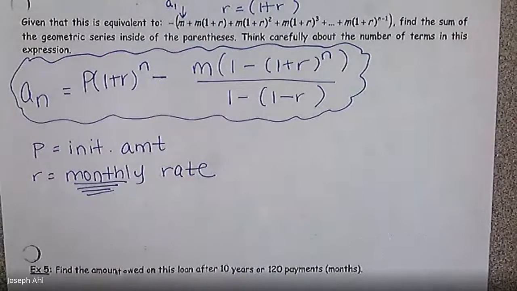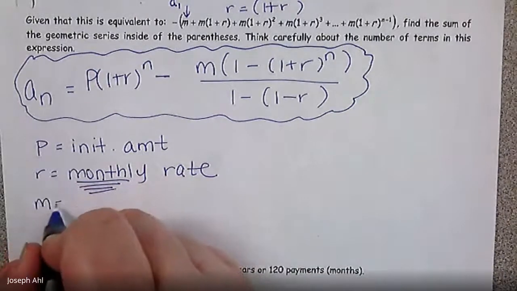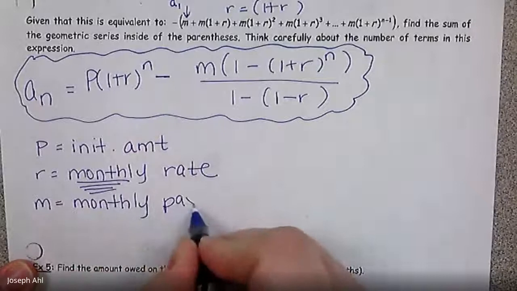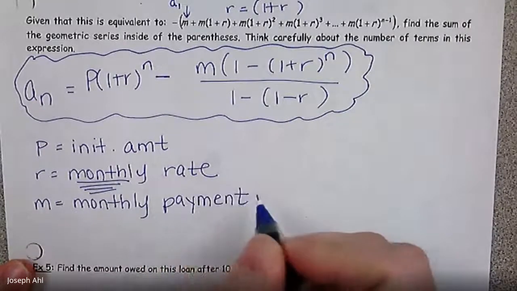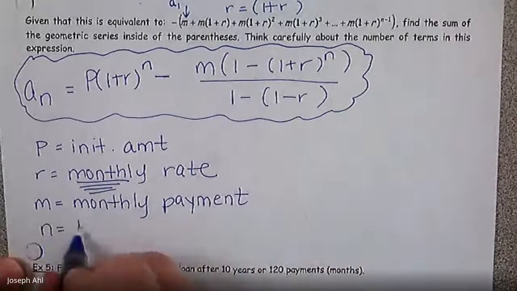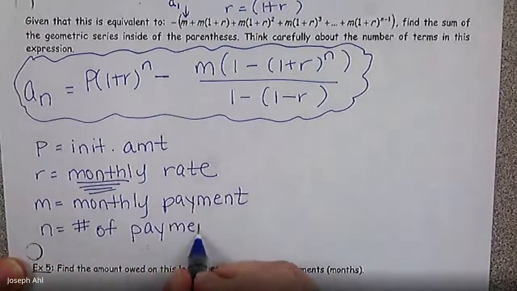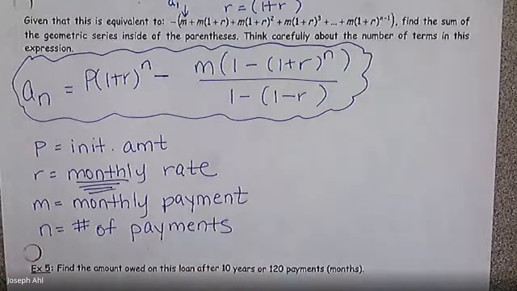You're going to take that R and divide by 12 when you plug it into the formula. Lowercase m is your monthly payment. So are we paying $1,600 a month or some other amount? Lowercase n is the number of payments that we make. And I think that pretty much covers it.